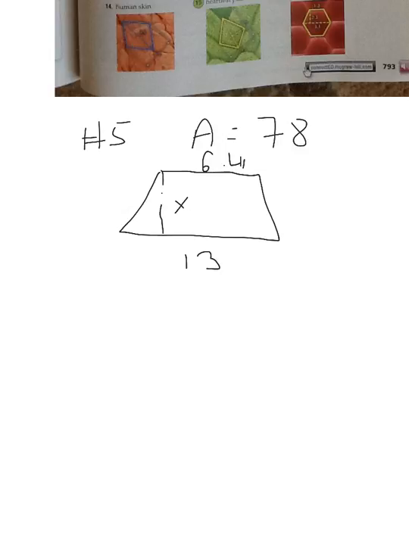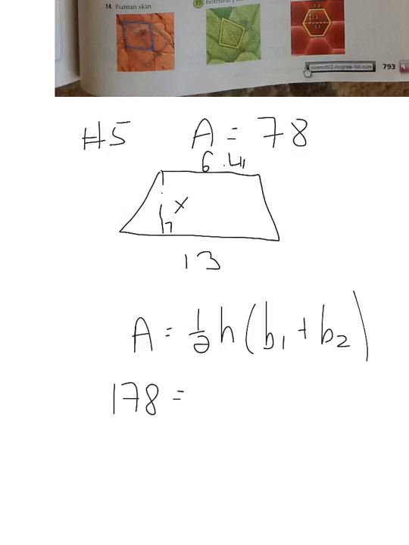Now I give you two bases. The question is, what's the height of this trapezoid? Please remember, x stands for the height in this case. So the area will be 1/2 h times (b1 plus b2). So 78 is equal to 1/2 x times (13 plus 6.4).